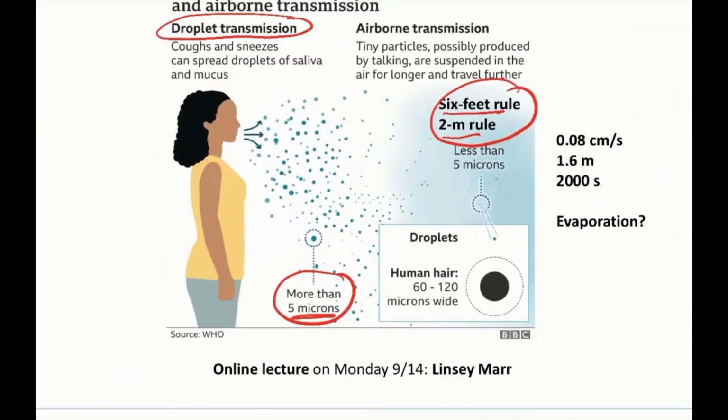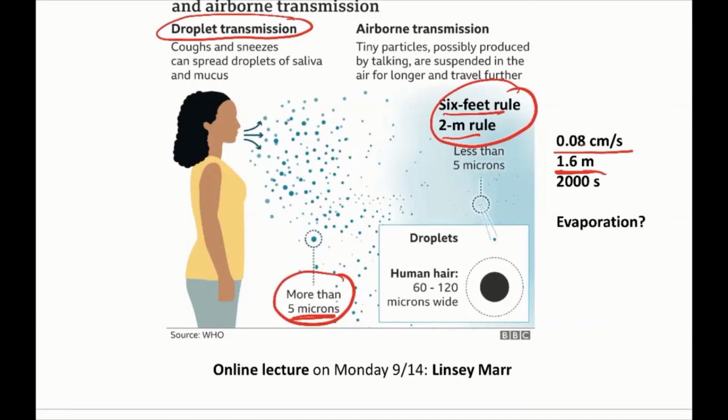If a person has a height of 1.6 meters and the settling velocity is 0.08, you know that the droplet can stay for more than 2,000 seconds. So do you think the 6 feet rule is enough? 2,000 seconds is more than half an hour, right? So there are some misunderstandings regarding the movement of droplets, right?